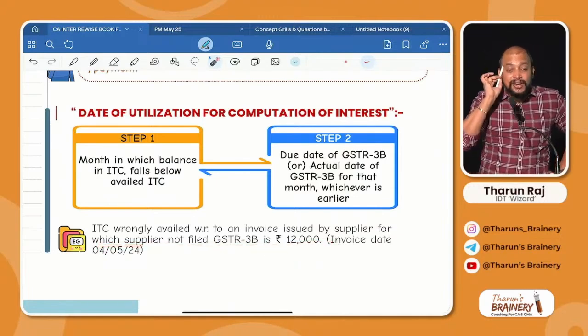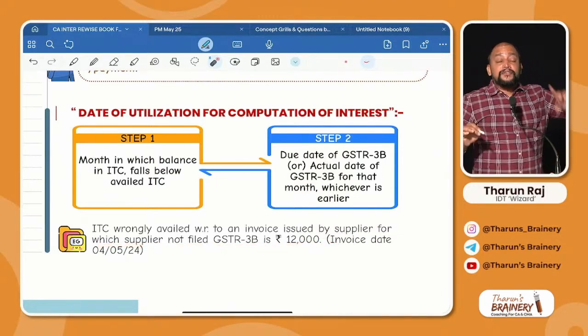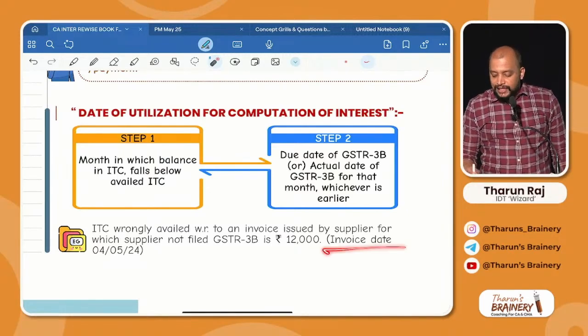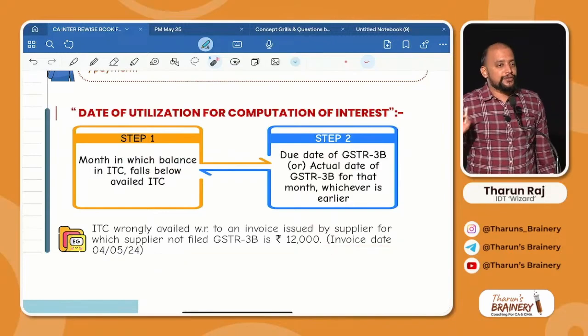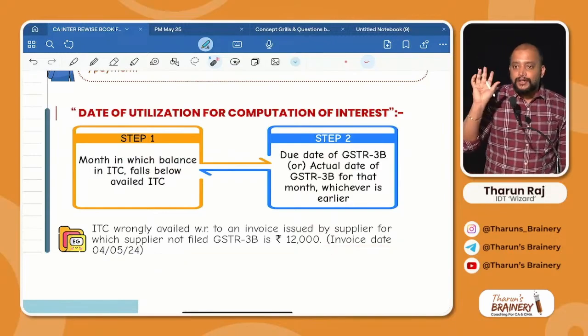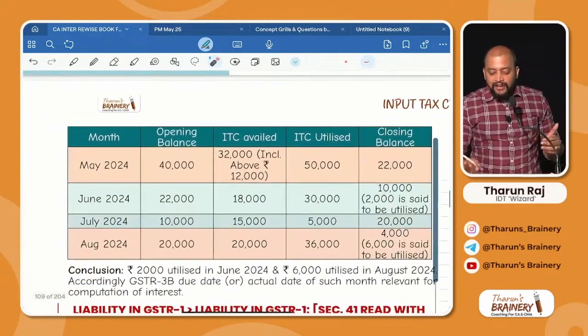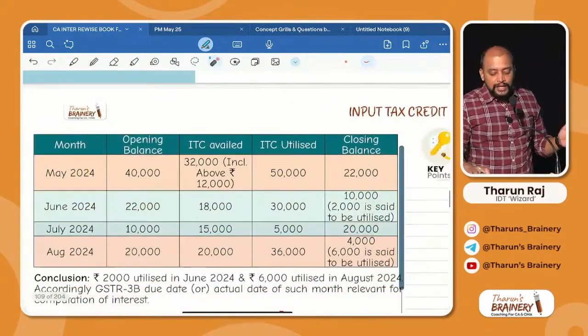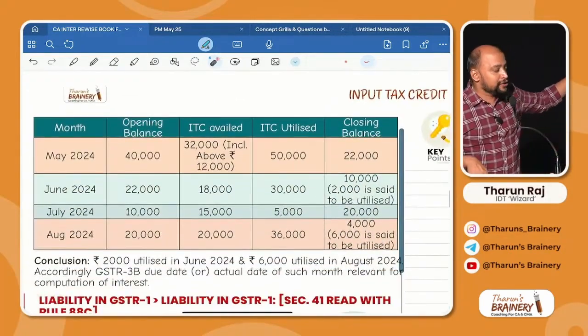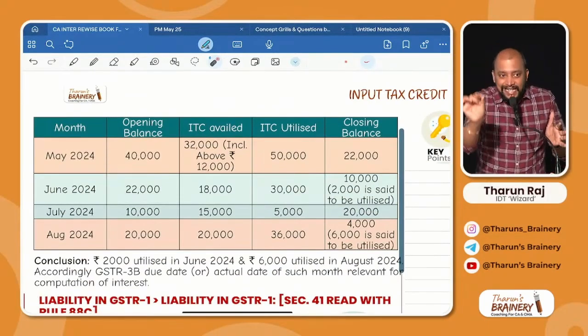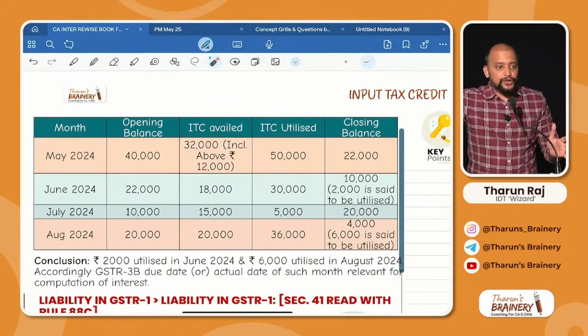How much is the ITC wrongly availed? 12,000 with respect to a supplier who did not file 3B. And the invoice date is 4/5/2024. Which month? May 2024. Got it? Now, every month starting from May 2024, we need to see the opening balance, ITC availed, ITC utilized, closing balance.